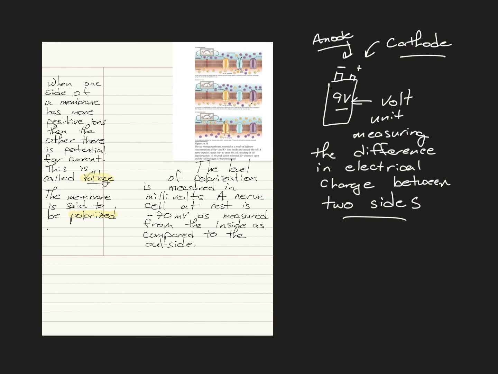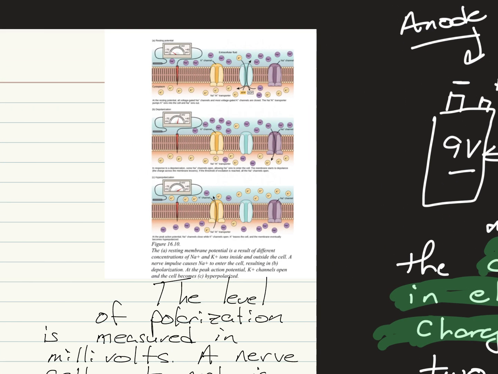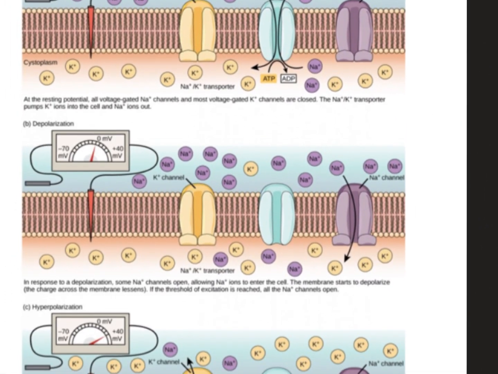That's what volt means. The difference, please think about this because I'm about to talk about it. The difference in electrical charge between two sides, we measure that in volts. Now that's fine for a battery, but a cell is really tiny, so we can't use volts, but we can use millivolts.